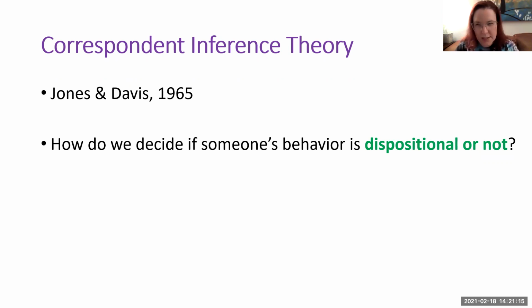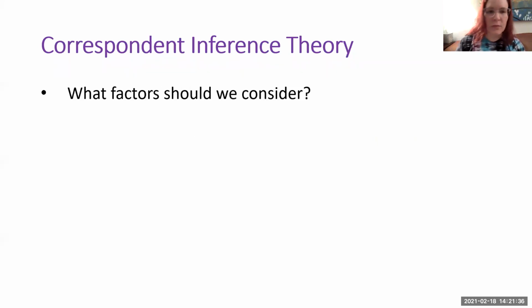Now notice that I did not say dispositional or situational. We don't really know if it's a situation or a stimulus. We just are kind of using it to decide whether the person's behavior is driven by their own personality or not. With this one, we have 5 different things that we should consider instead of 3.